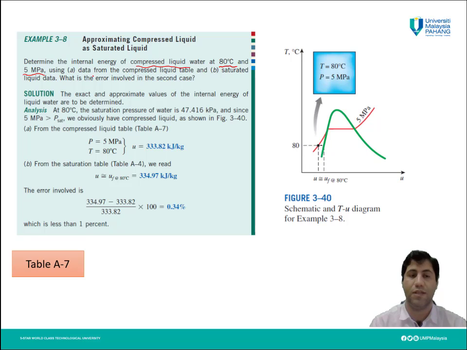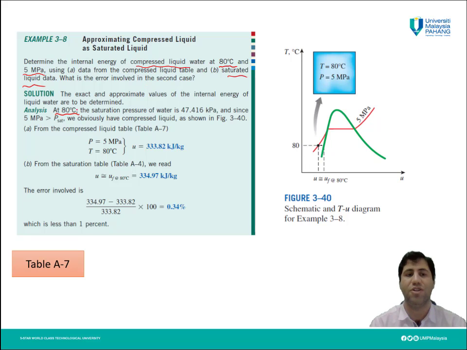In part A of the question, we should use data from the compressed liquid table, table A7. And in part B, we should use saturated liquid data, table A4 or A5. Then we need to compare the error between these two methods: the exact method from table A7 and the approximate method from table A4 or A5.